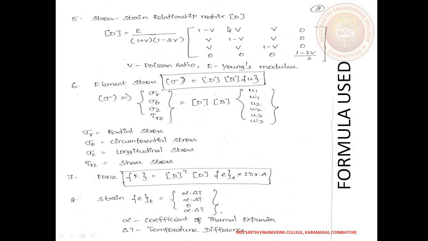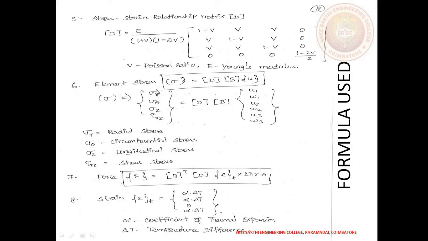So this D matrix is a 4 into 4 matrix: 4 rows and 4 columns. So that is 1 minus mu, then 1 minus mu, then mu, 0. Here mu is nothing but the Poisson ratio. E is the Young's modulus. Young's modulus and Poisson ratio are given in the question paper itself. So you can directly substitute them in order to find the stress strain relationship matrix.